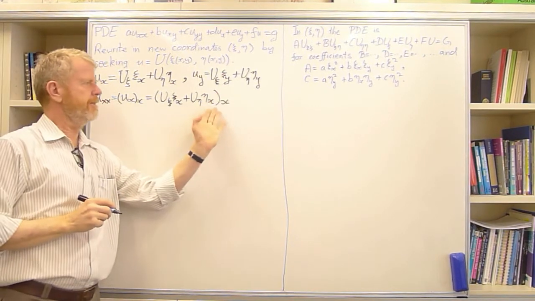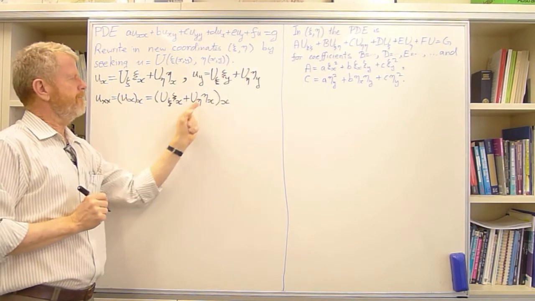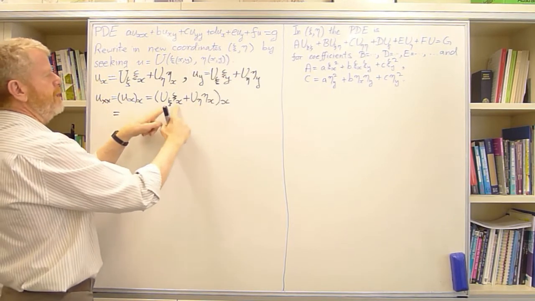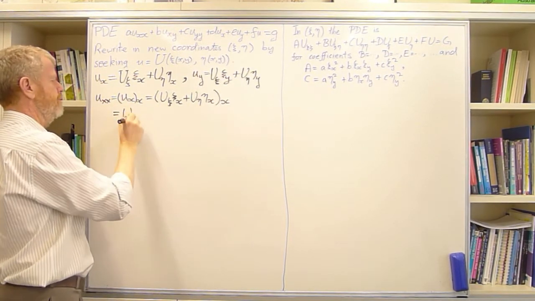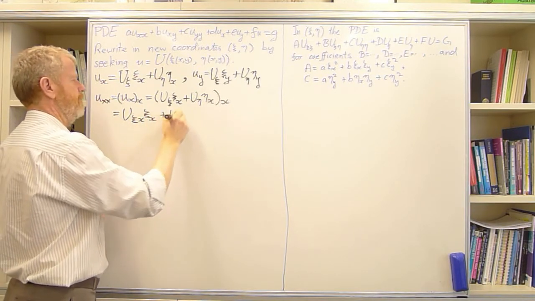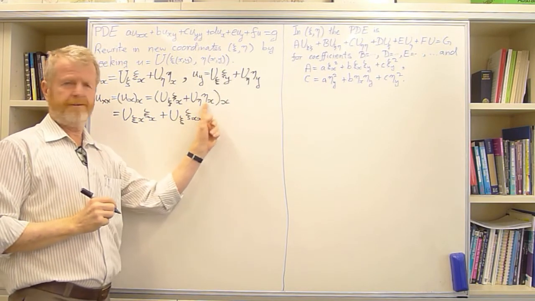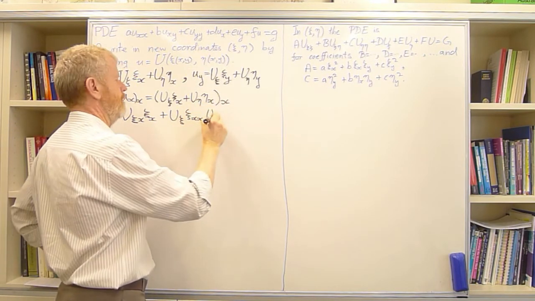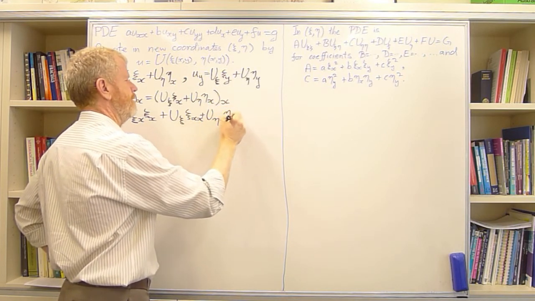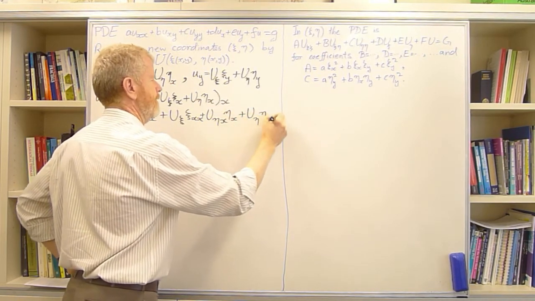And now at this stage it's useful to do the x derivative of both of these products. So d by dx of this first product is u psi psi x plus u psi psi xx, and d by dx of this product is u eta eta x plus u eta eta xx.